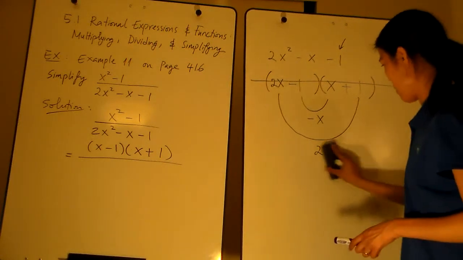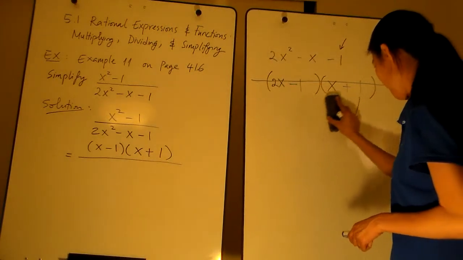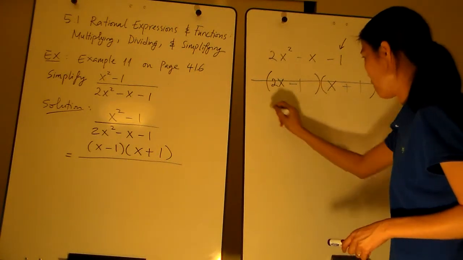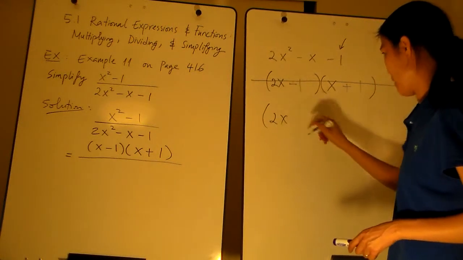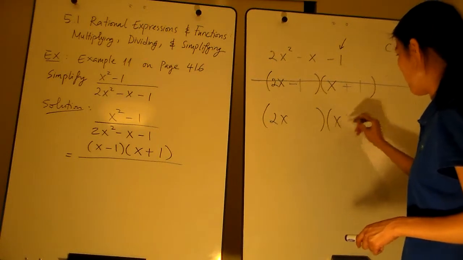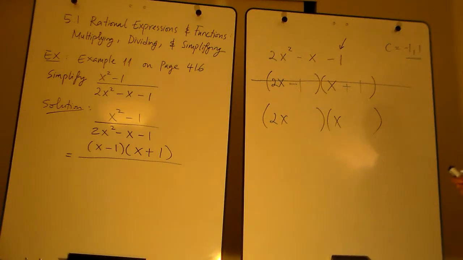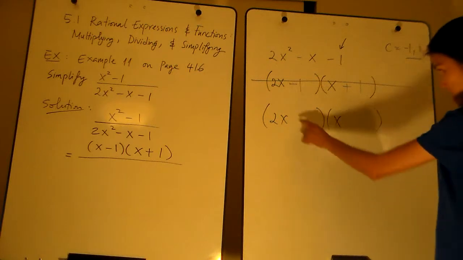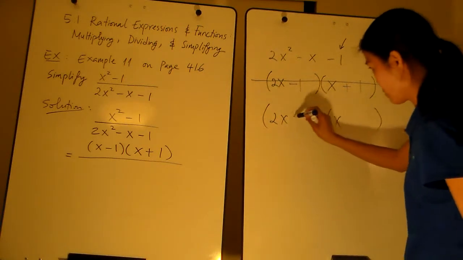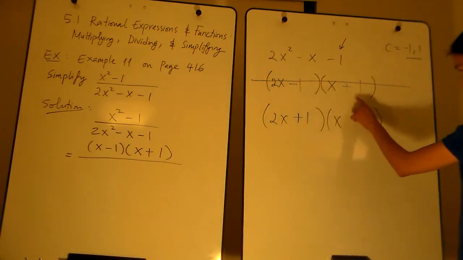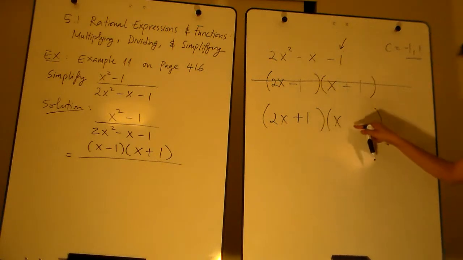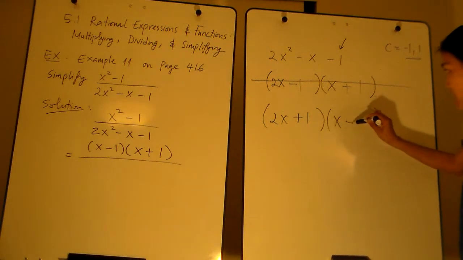So this time, let's try it a little bit differently. We still have 2x and x right here to start with. Now, let's switch. Instead of negative 1, put positive 1, okay? We just switch. And instead of positive 1, we put negative 1.